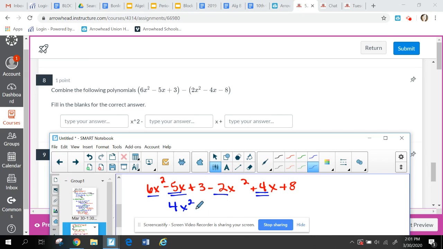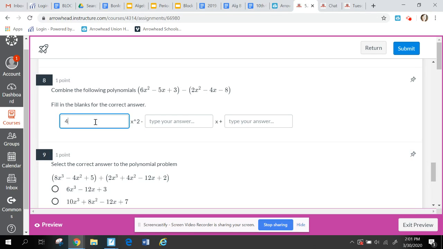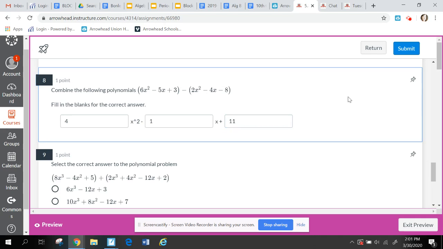Negative 5x plus 4x is just negative 1x. And then my constants 3 plus 8 gives me 11. So when I type these in, I'm going to have 4x squared. This is just minus 1x. And this ended up being plus 11.